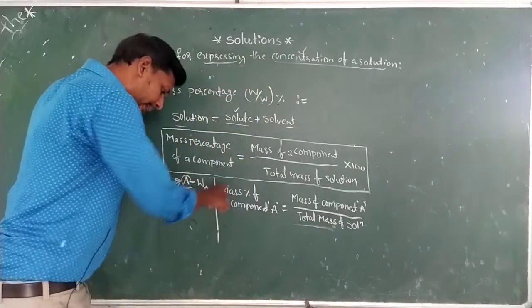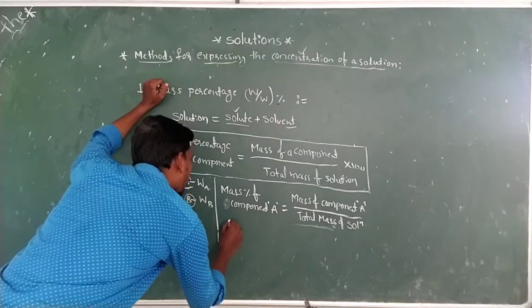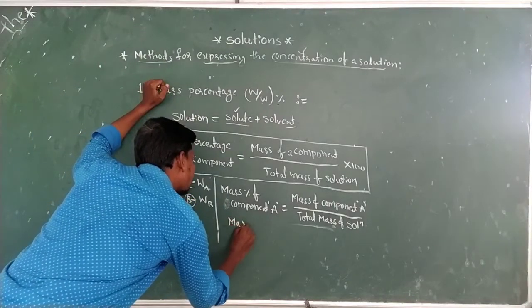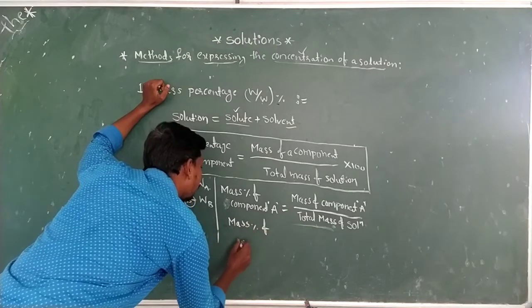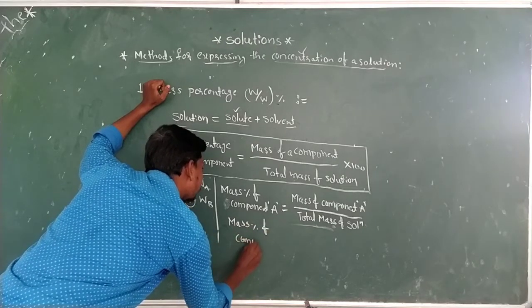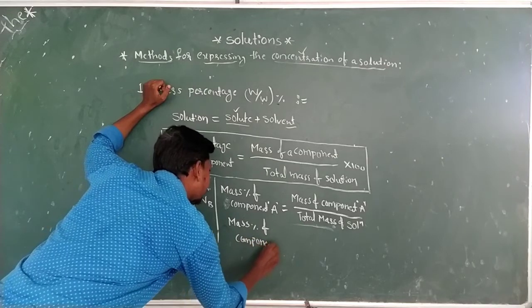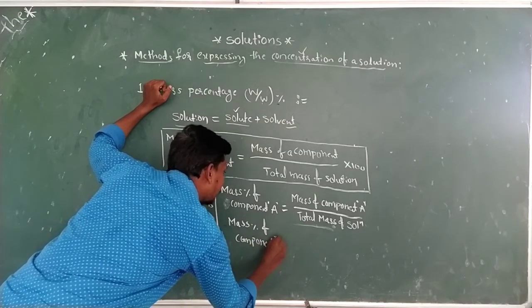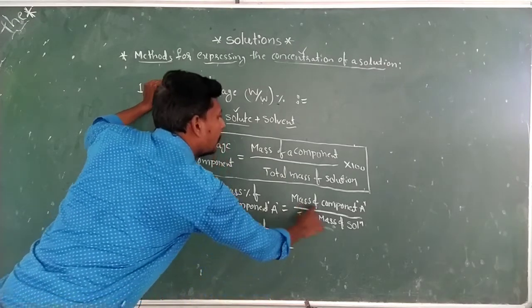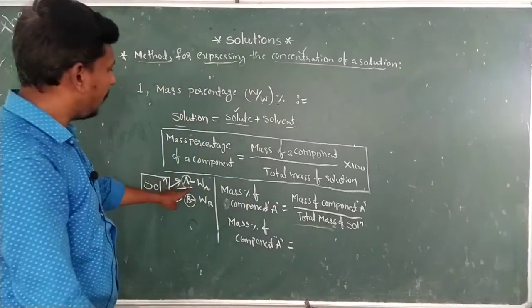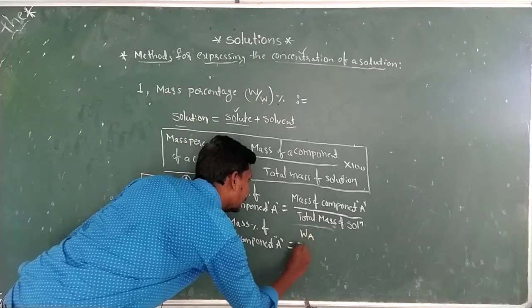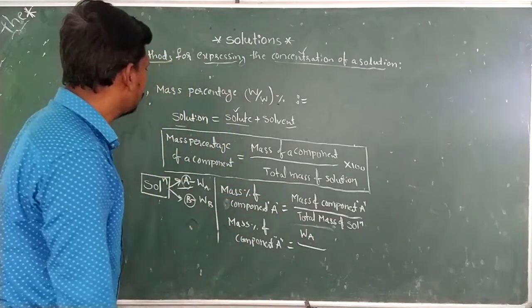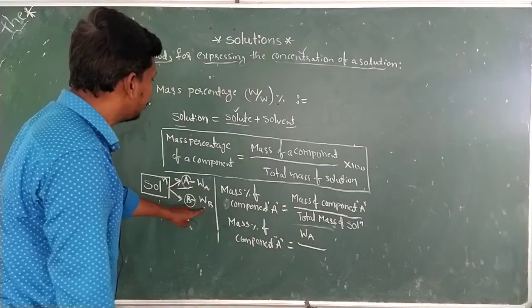Right, it can also be written as mass percentage of component A, capital A, is equal to mass of A component. Here mass of A component is WA, by total mass of the solution, here WA plus WB.